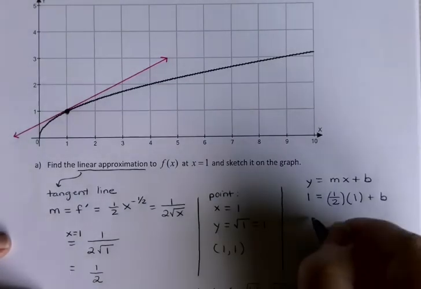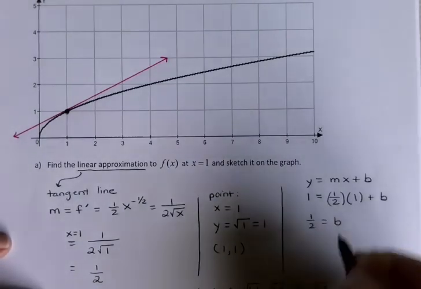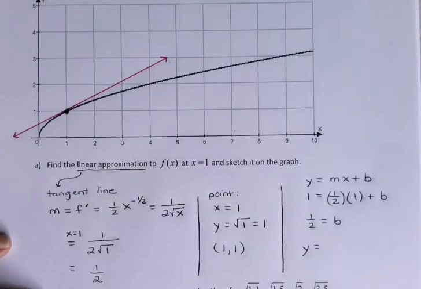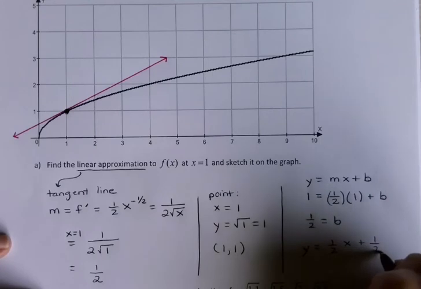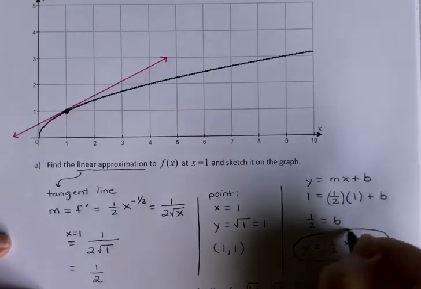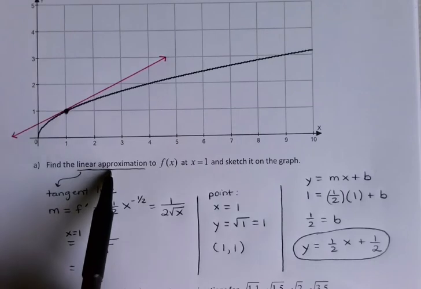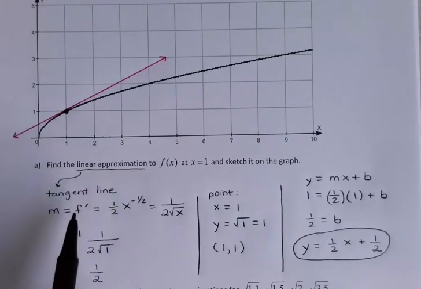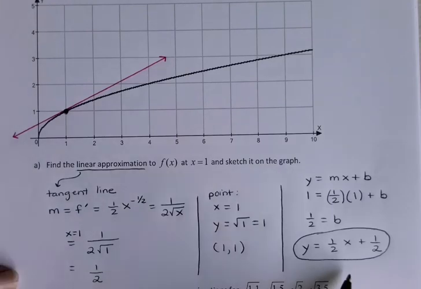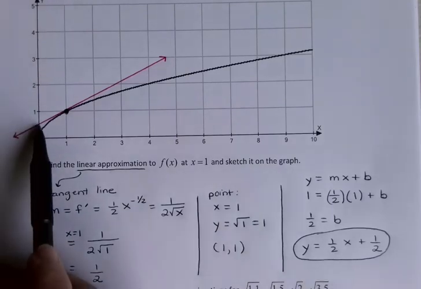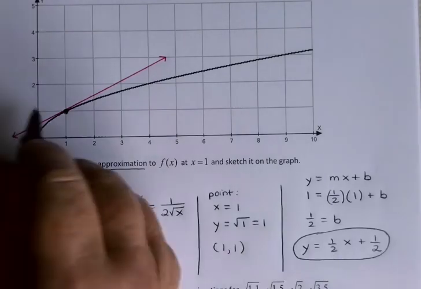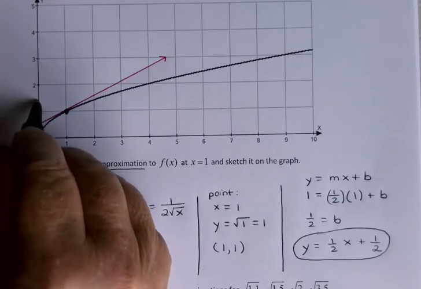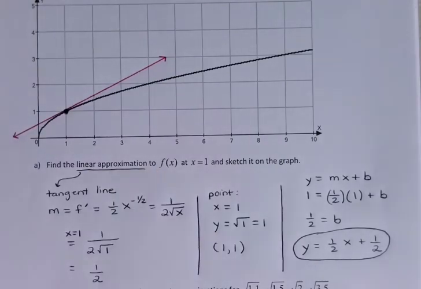So 1 minus 1/2 will give me 1/2 for b. So my tangent line is y equals 1/2 x plus 1/2. We are now calling that the linear approximation, but it's nothing more than the tangent line. By the way, notice over here that's not too bad. My y-intercept was about 1/2 when I sketched that. And if you go a slope of a half, that would be a rise of 1 and a run of 2. Looks like we sketched a reasonable approximation.